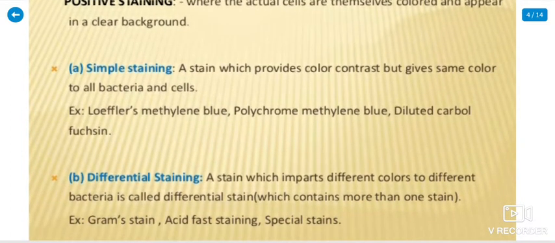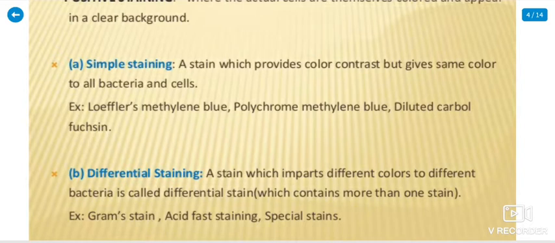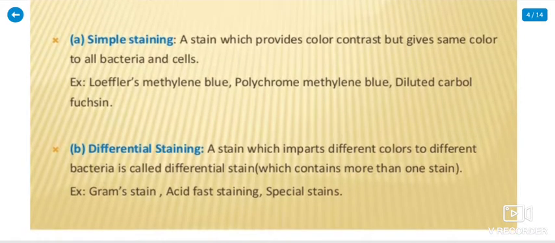A simple stain provides color contrast but gives the same color to all bacteria and cells, for example Loeffler's methylene blue, polychrome methylene blue, and diluted carbol fuchsin.